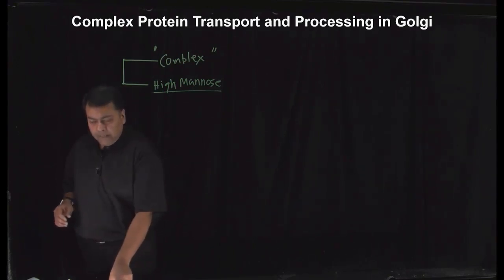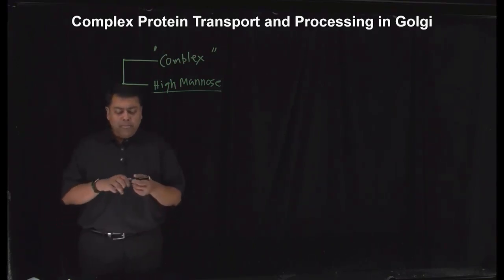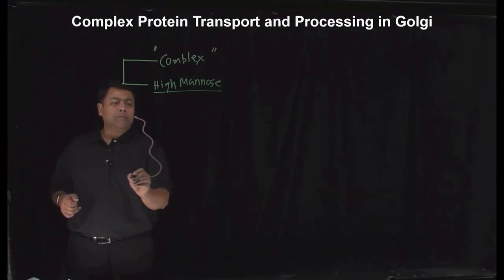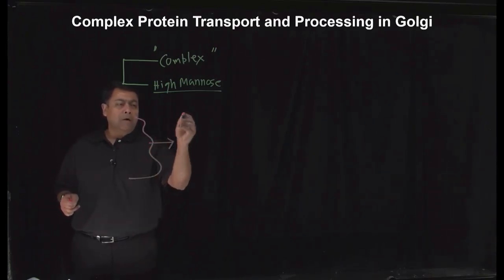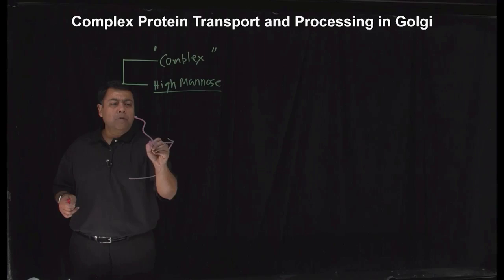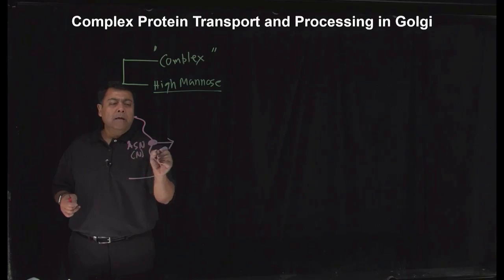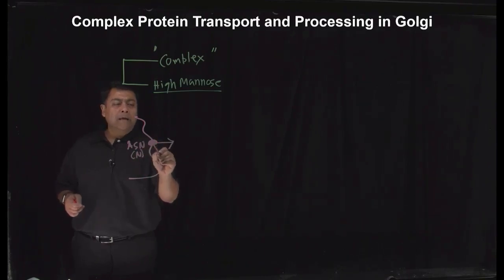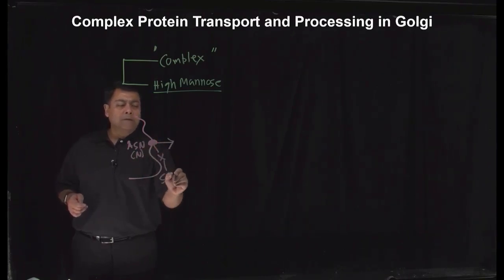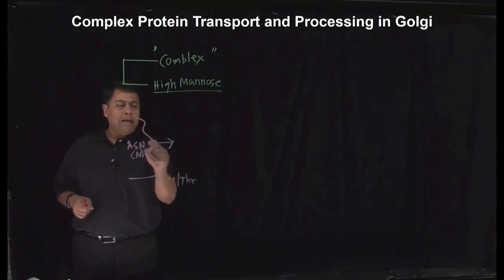So if we think about a protein which is being transported, here you have the point where you have the ASN, or the N, and then you have an X, then a serine or threonine.